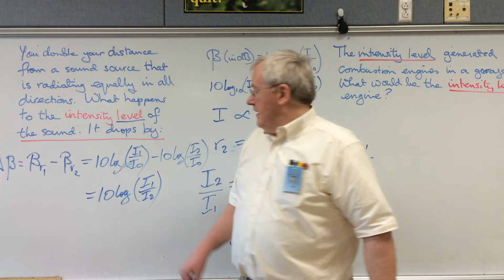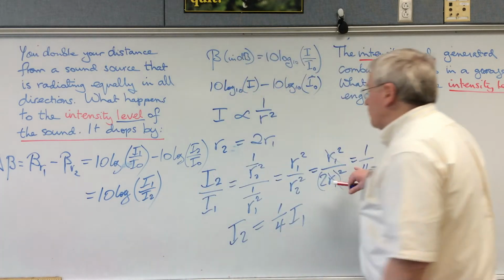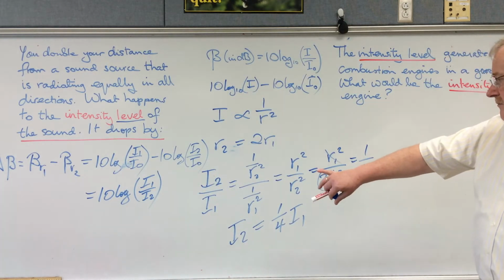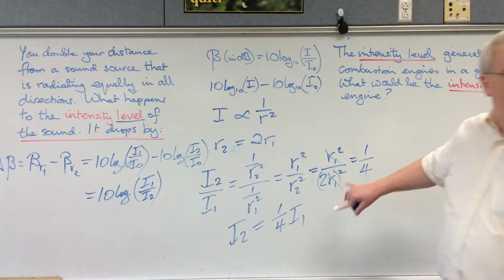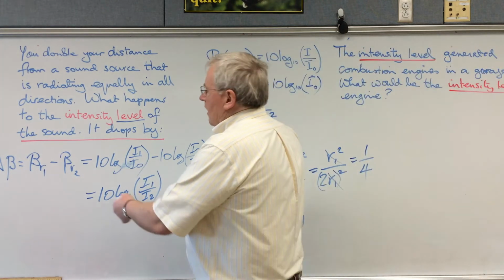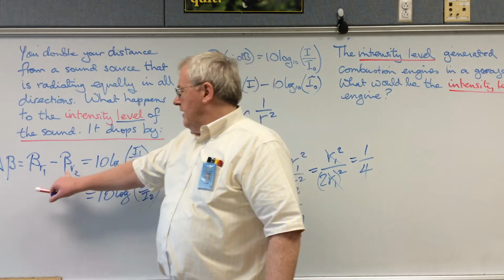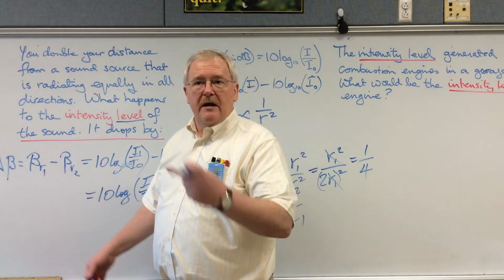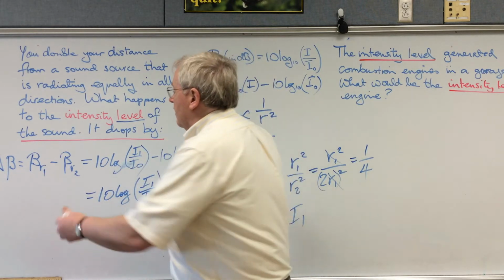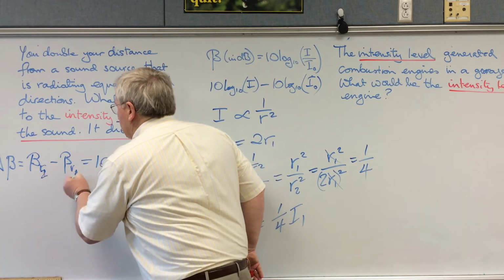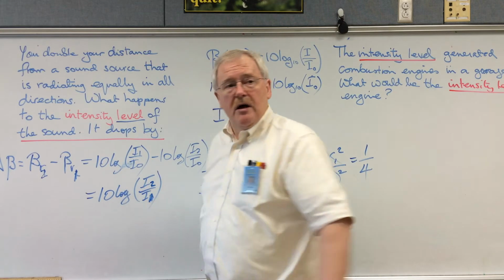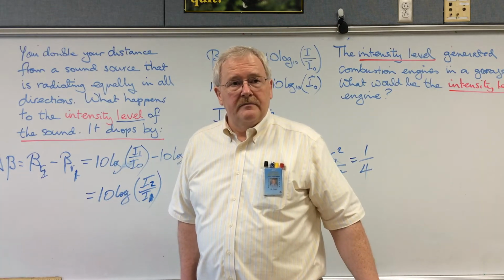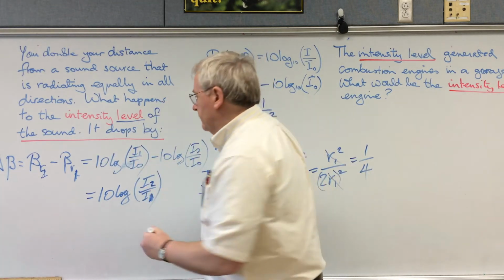Now, I1 over I2 is actually the inverse of that, but we know that it's going to drop by a factor of 4. If I'd done it the other way around, that is final minus initial, I would have come out with a negative sign. In fact, why don't I do that? I'm going to change this to R2, this to R1, and you'll understand that that now becomes I2 over I1. All I did was just flip it.